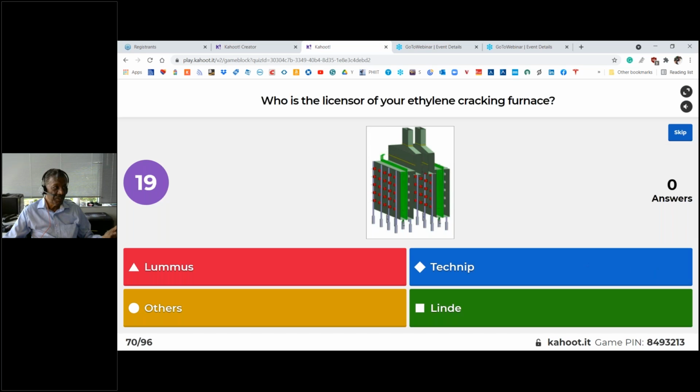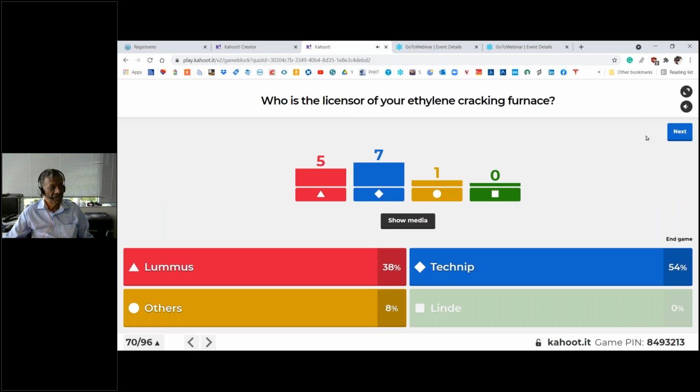Okay, I think this is a quick question for you. Who is the licensor of your ethylene cracking furnace? So Technip and Lummus are split over here.